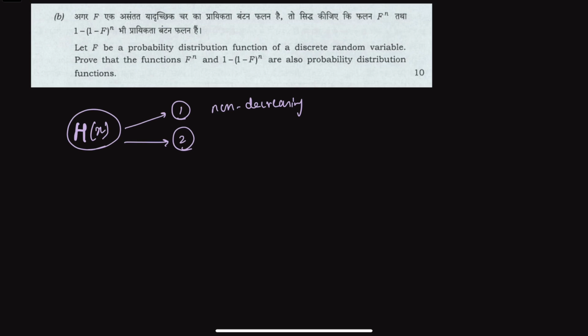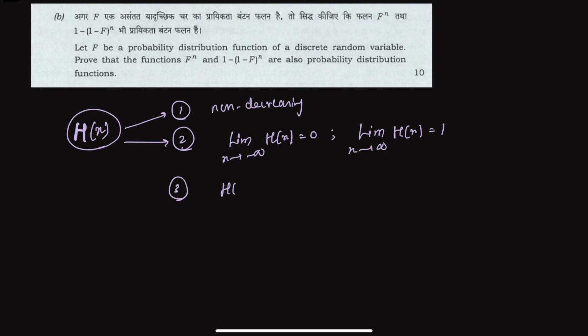So first of all, let's say we have a particular function h of x. If this is a distribution function, the first thing is that h of x must be non-decreasing in x. Secondly, the limit as x tends to minus infinity of h of x must be 0, and the limit as x tends to infinity of h of x must be 1.